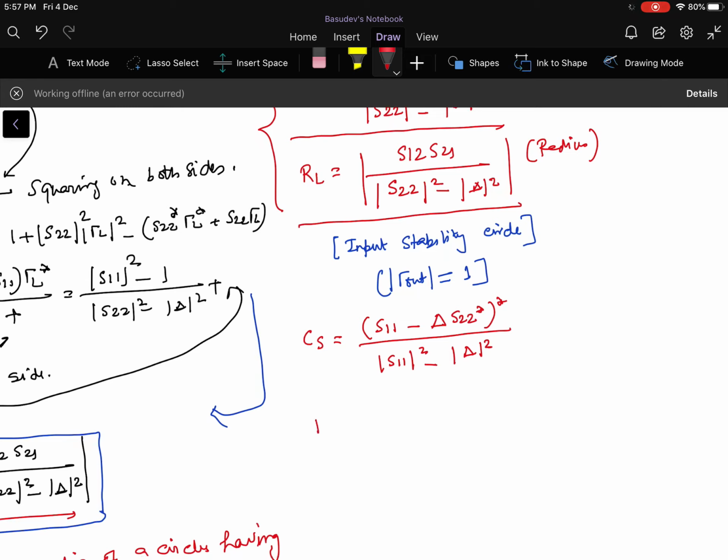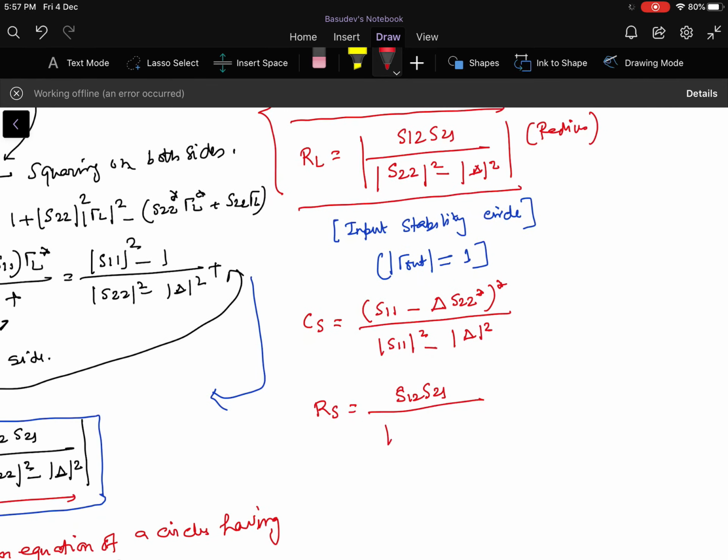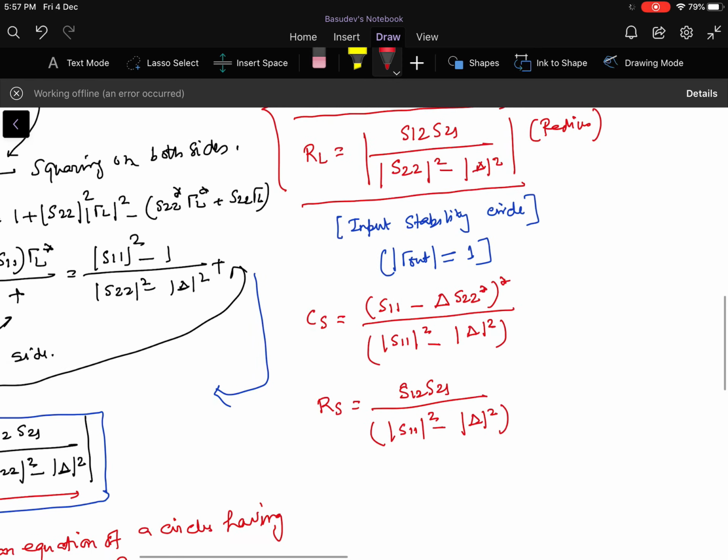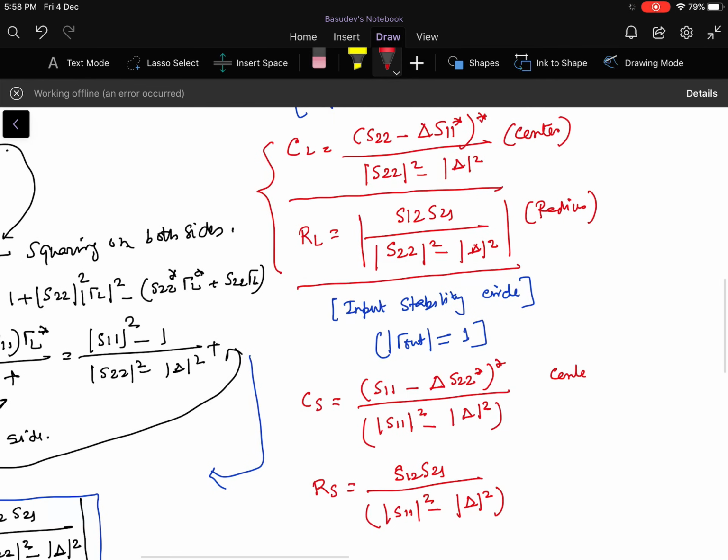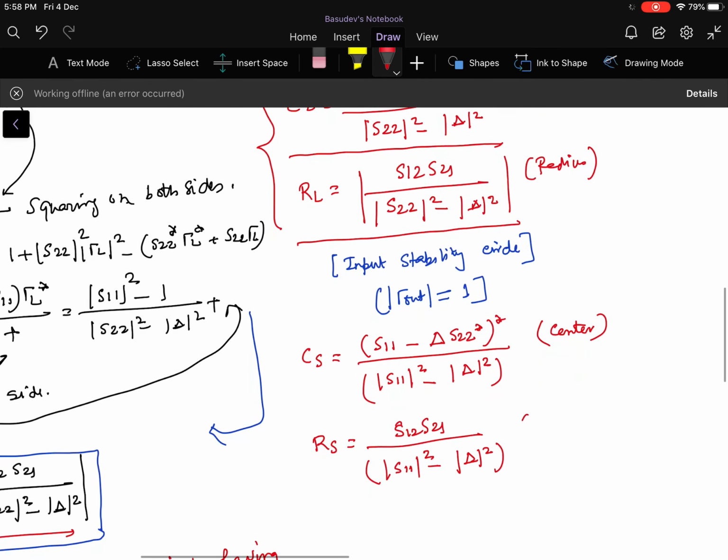The radius will be S12 S21 over the same denominator; the change you cannot see because it is in multiplicative form. So this is the input stability circle, the center and my radius.